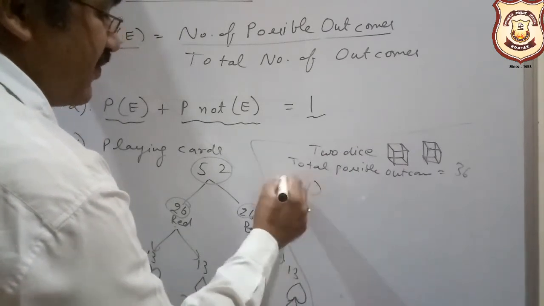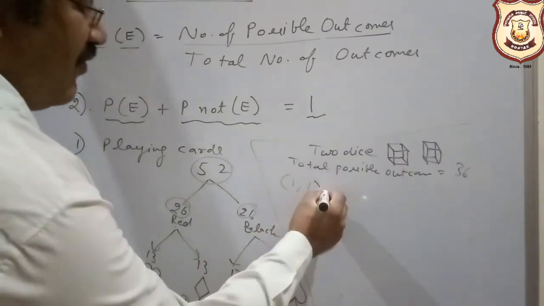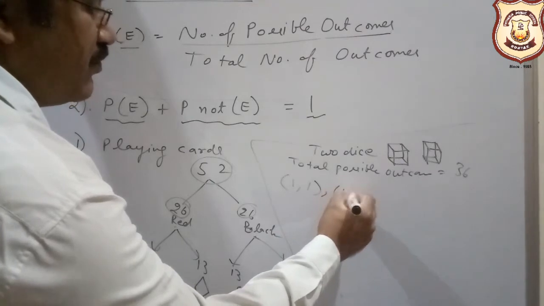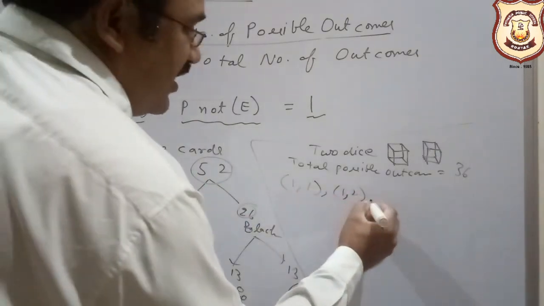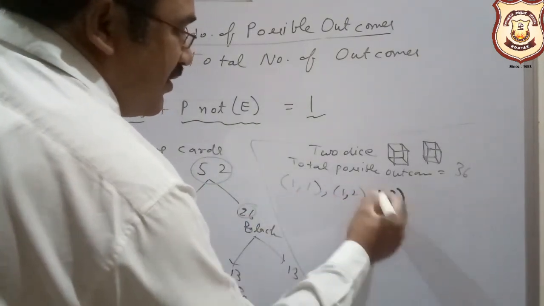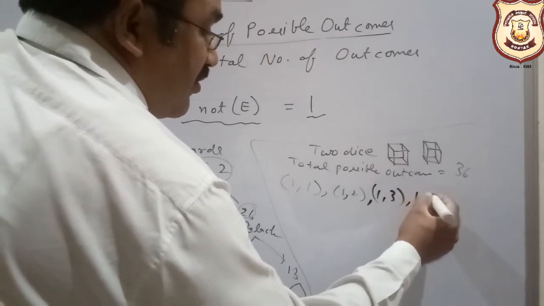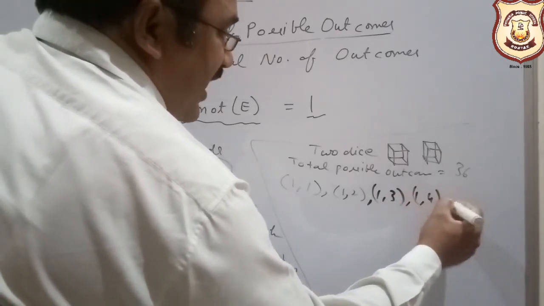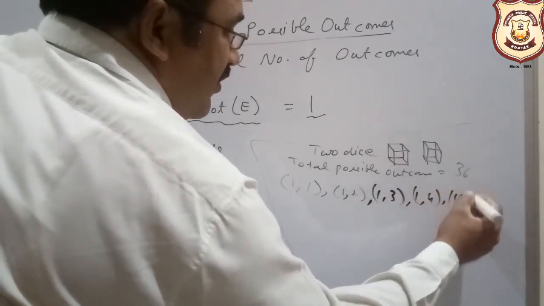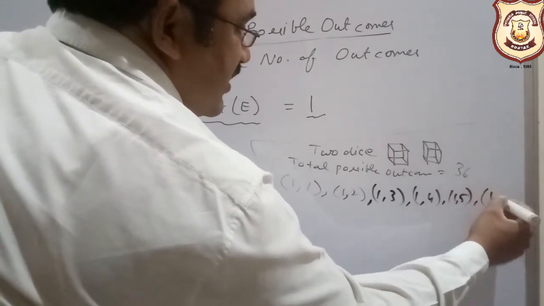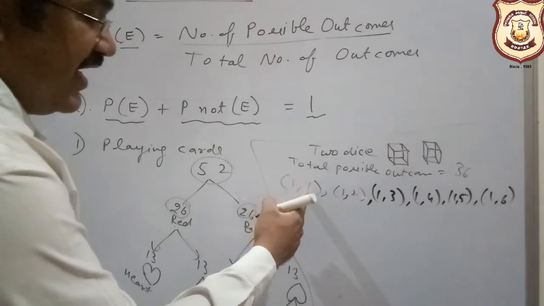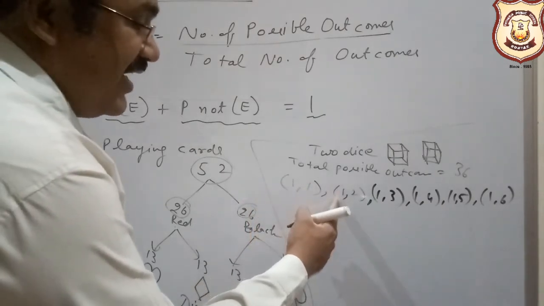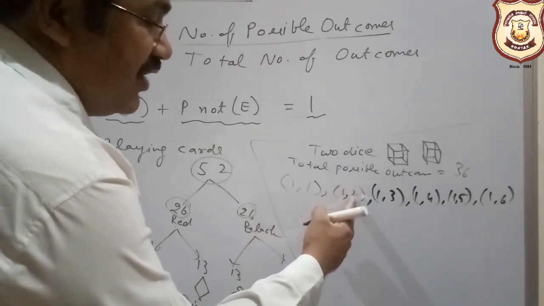(1,1), then (1,2), like this, (1,3), (1,4), (1,5), (1,6). On the first die 1 will come, second die 1. On the first die 1, second die 2 will come.